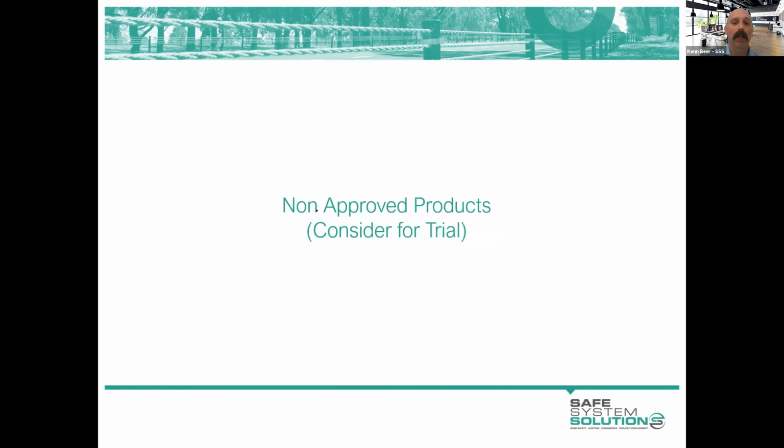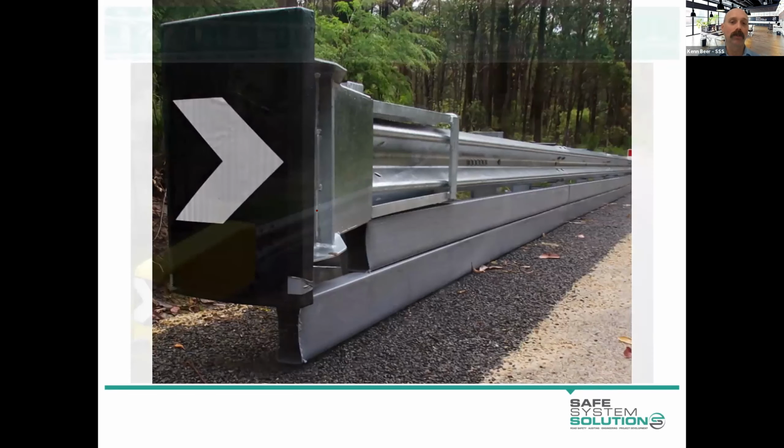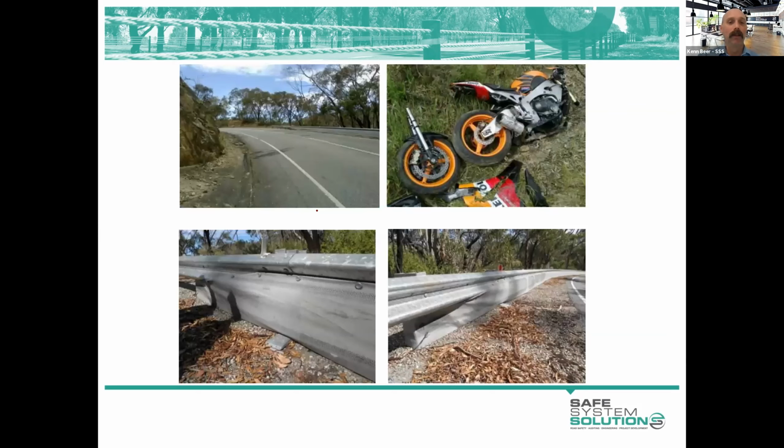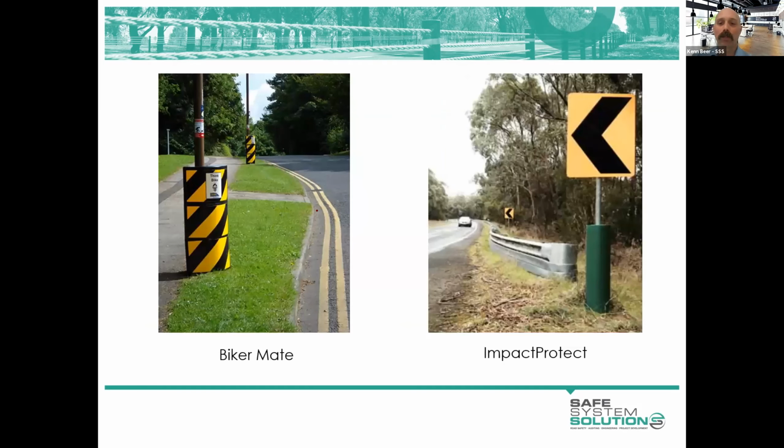And not approved products, but as I say, you might consider trialing these at some point. The polybuffer system on end terminals, the post capping, maybe the fabric system, stack cushions in those very isolated scenarios, and individual post protectors for motorcycle safety, biker mate, impact protect. But as I say, I'm happy to chat to anybody if they've got an interest.